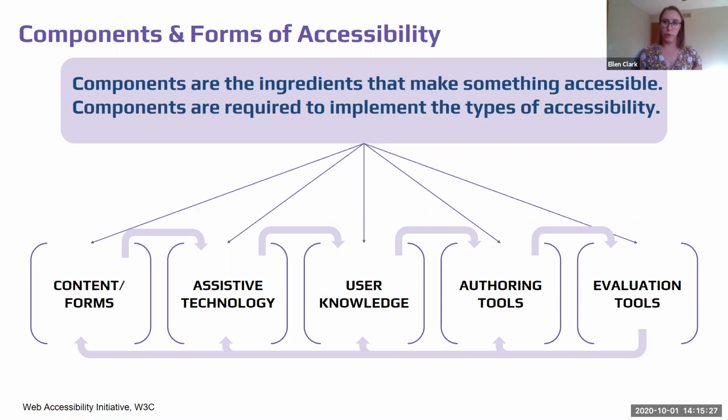This is a crucial component of accessibility, not only evaluating once, but continuously evaluating how your space is accessible and how people are interacting with your space. And as mentioned with authoring tools, we'll talk about the different types of evaluation. So these are the tools and components that go into making a digital space accessible.